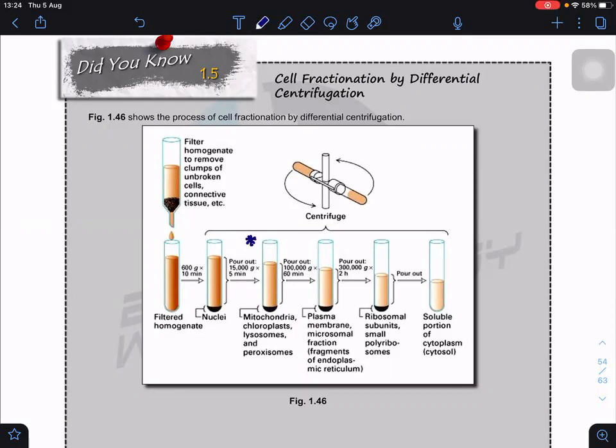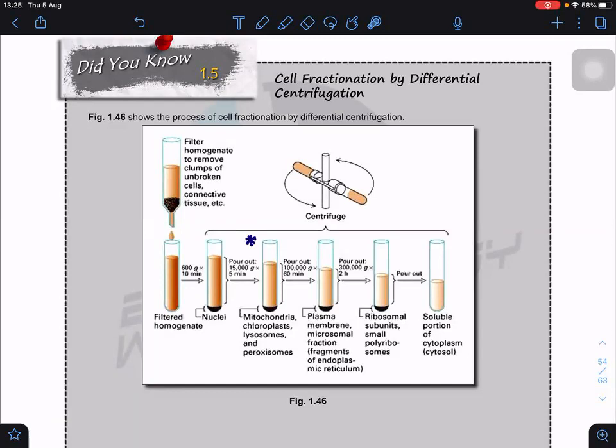If it's a plant sample, then you only get the chloroplast and mitochondria. But if it's an animal sample, you will get mitochondria and lysosome without chloroplast. So for pellet 2, always be careful when you write. Check whether it is plant cells or animal cells. Are you clear? Okay. So now next.